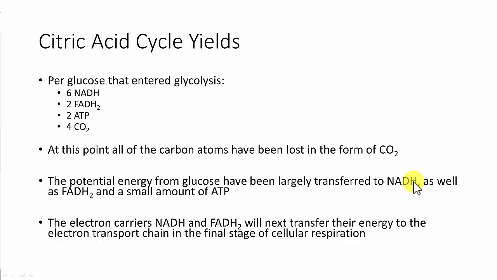If you've ever wondered where most of your food actually goes outside of the waste that we expel when we go to the bathroom, where most of your energy and the organic matter itself actually goes is right out your lungs. So most of your breakfast, for example, or your lunch or dinner, you'll actually exhale it in the form of CO2.